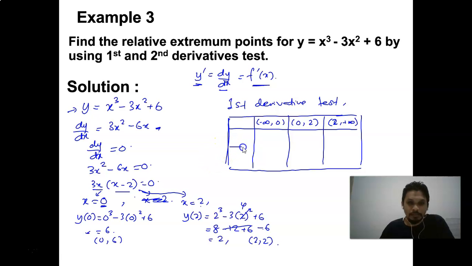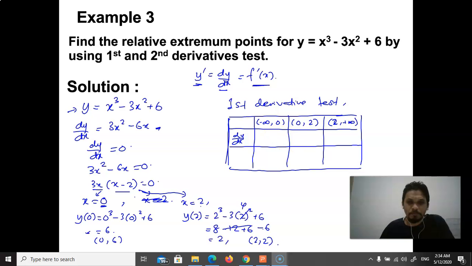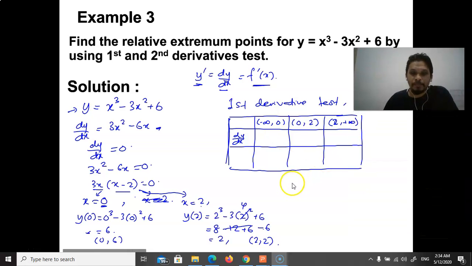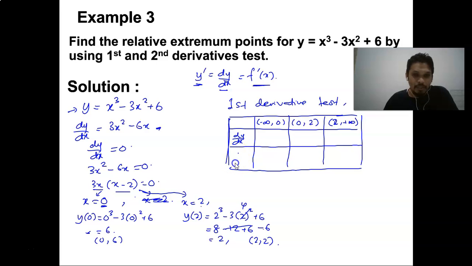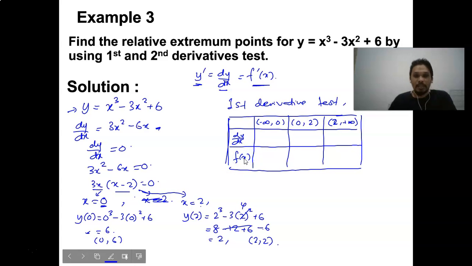So this is dy/dx, and also f(x). Second derivative, dy/dx equals 3x squared minus 6x.